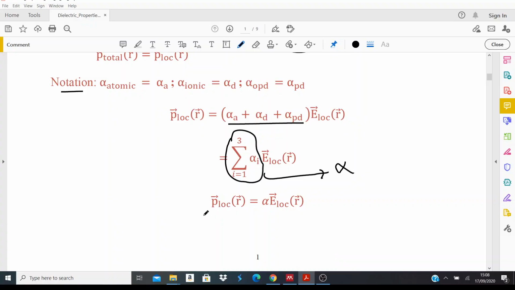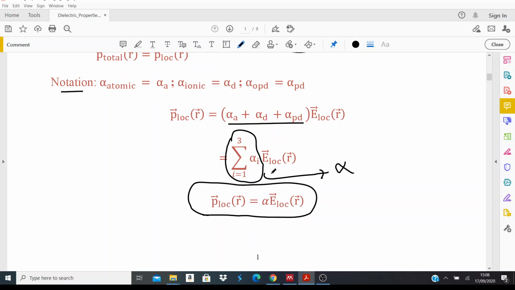Then we can see we have arrived at the expression that the local polarization, the electric dipole moment at some point R, is the local electric field at that point R times the total polarizability of that material.